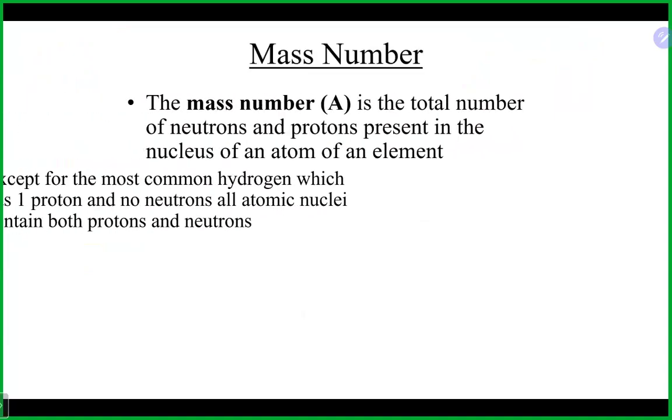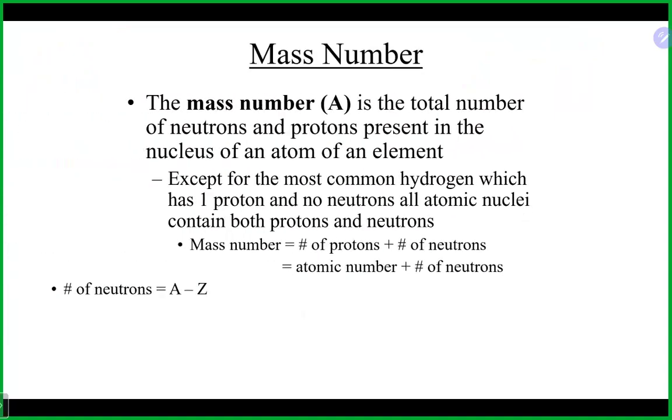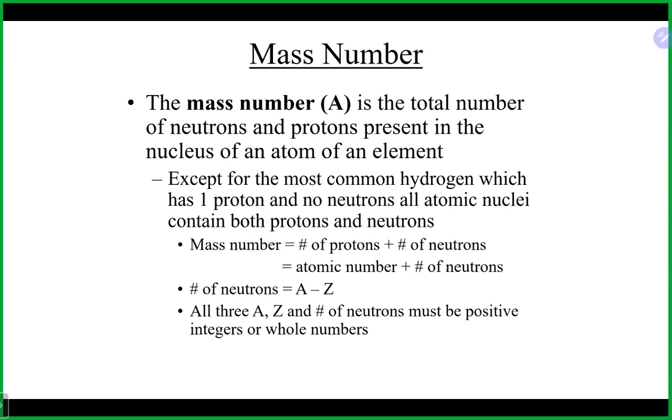Another important number is the mass number. The mass number is the number of protons and the number of neutrons that you have in an atom. Once again here, the mass number is sometimes abbreviated as an A. One of the important things of a mass number and atomic number combination is this.